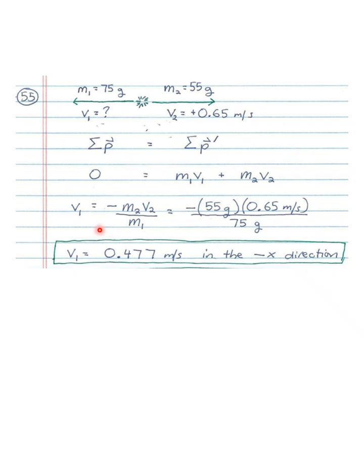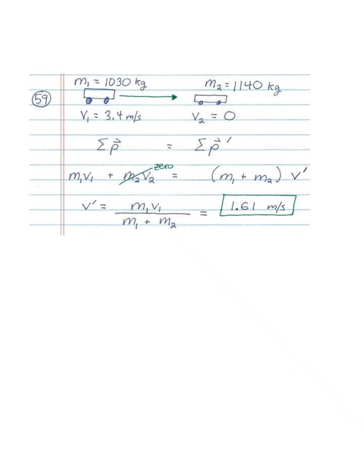Going through the algebra, we get negative m2v2 over m1. Plug in those values. As long as we are consistent with the mass units, we don't need them to be in kilograms. They're grams and grams, so those gram units are going to divide out. And what we're left with is V1 is negative 0.477 meters per second. And that means that it's 0.477 meters per second in the negative x direction.